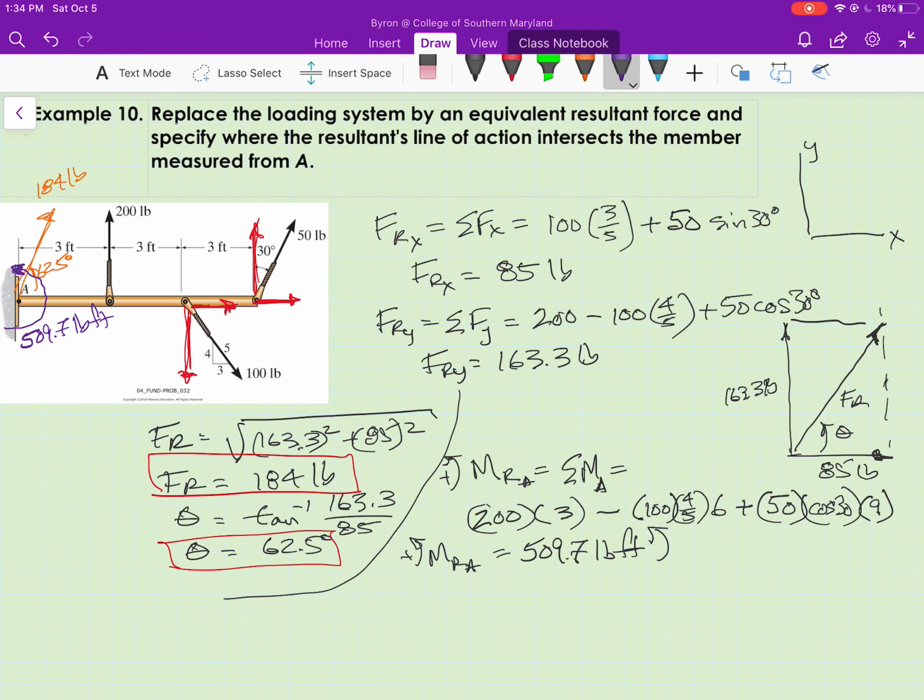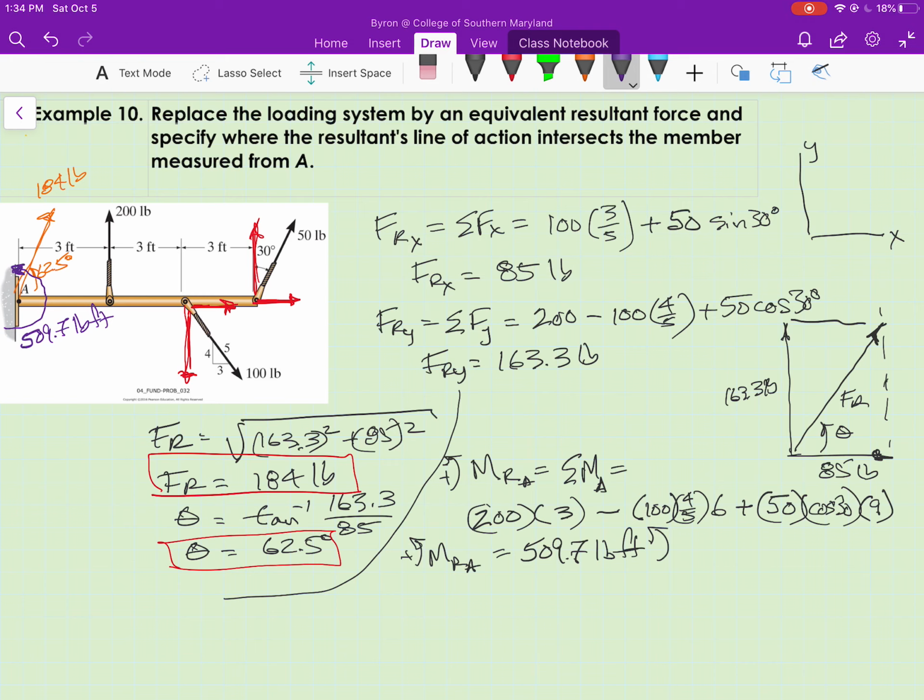And so from what we learned in the lecture, we can now move the resultant force down the beam away from A, to a distance at which the moment that the resultant force creates about A accounts for the resultant moment about A that we just calculated.